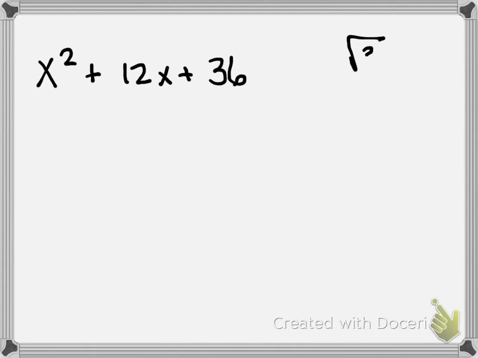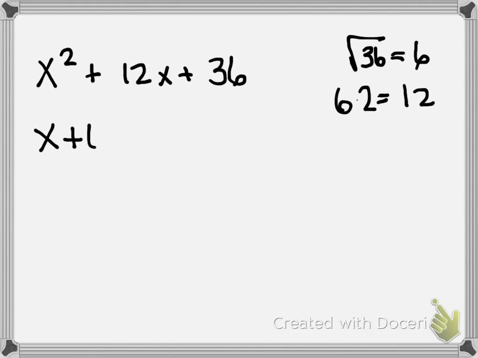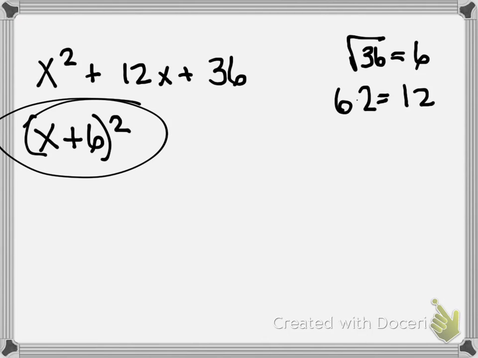So what if we were using bigger ones? Let's say we had this one. If you recognize that the square root of 36 is 6, and 6 times 2 is 12, you can immediately change that to x plus 6 quantity squared and save yourself a lot of work.